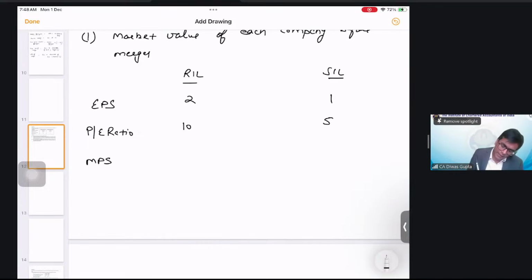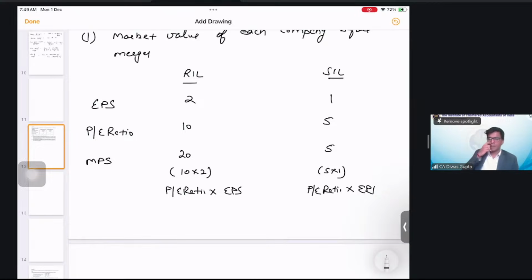Then market price per share is given as 20 and 5. So how we can calculate this? 10 into 2 and 5 into 1. Correct? So in a way, PE ratio multiplied by EPS, a simple calculation, right?